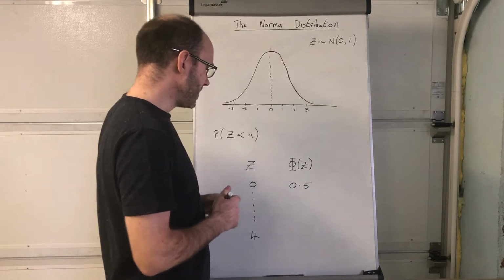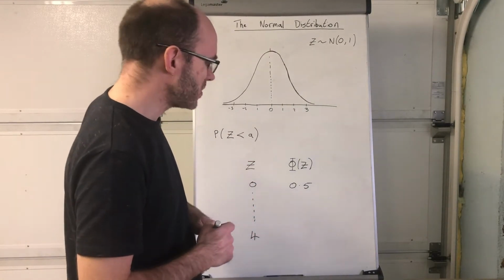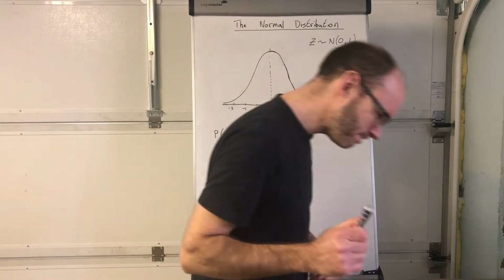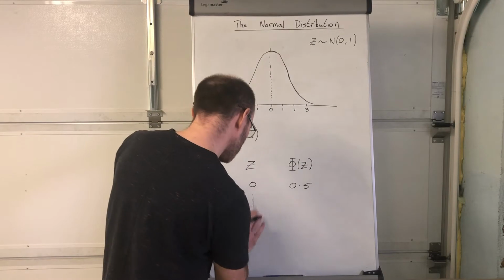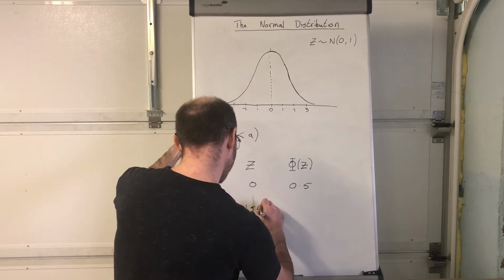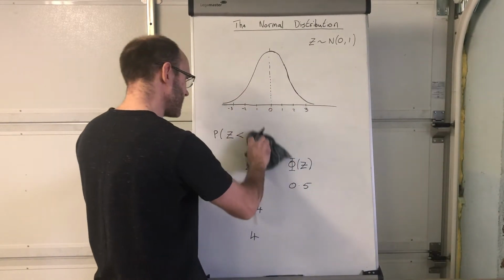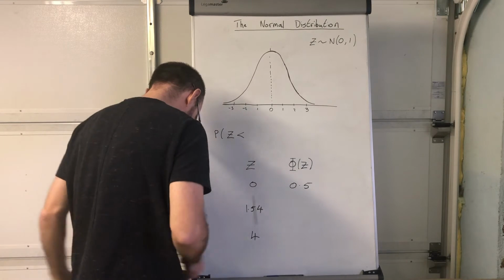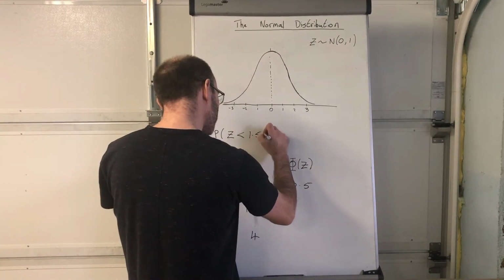So what we're given is a list of probabilities from 0 up to 4. So in other words, let me just choose another one, 1.54. So if we're looking for the probability of z is less than 1.54, let me just write it in here. Probability of z is less than 1.54.